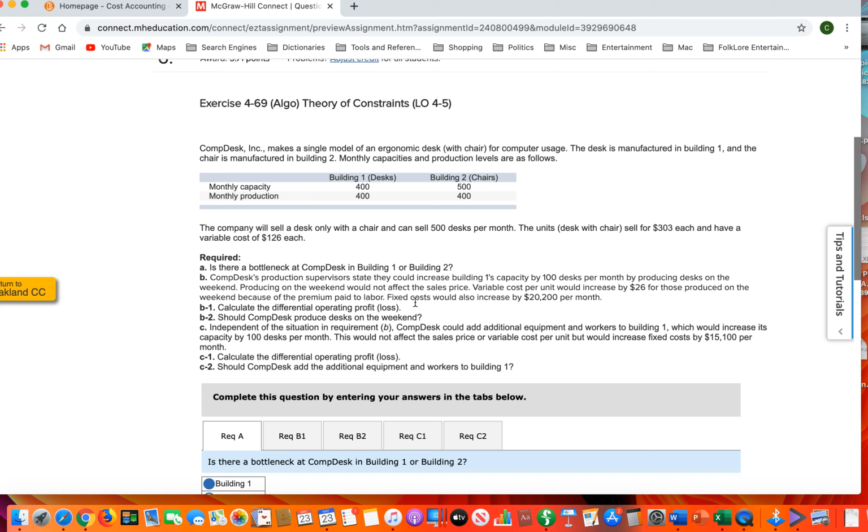All right. Now your variable cost is going to increase.